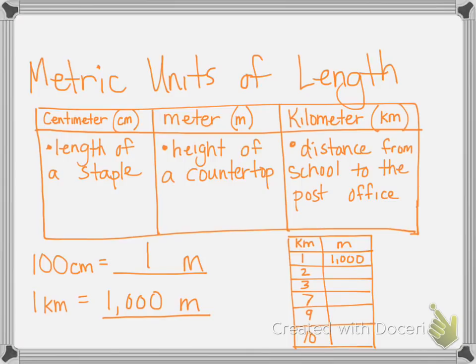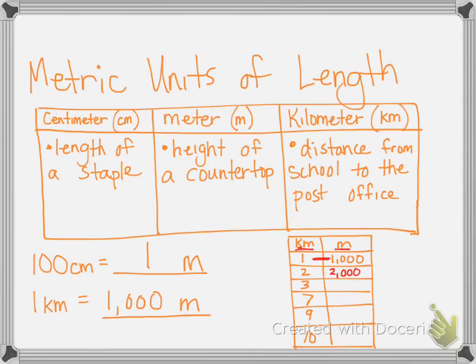So then let's practice that in our distance chart. We already said that there is 1 kilometer for every 1,000 meters. So that's going to mean that if there's 2 kilometers, there would be 2,000 meters. Now, we don't need to write the M after this because we're putting in a chart that's already labeled at the top.